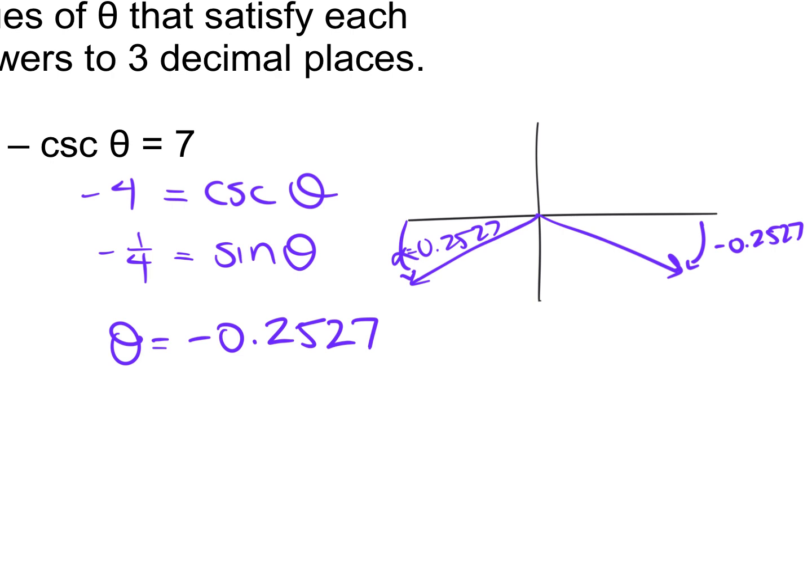So if I take pi and I add to it 0.2527, I get as a second answer, not what I just got out of my calculator because I did not put plus, 3.3943. So I do not want to use the negative because that will take me backwards into quadrant 2. So if it's less than 3.14, you've added the negative rather than the positive.